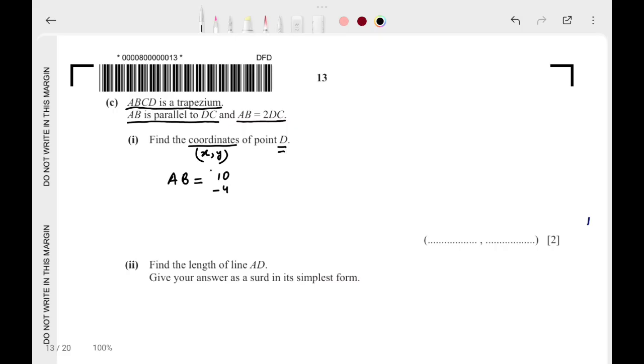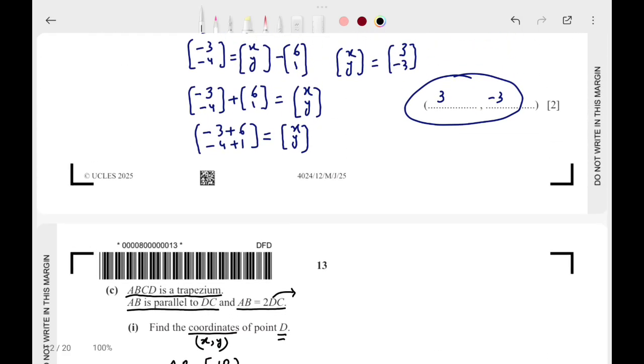We did that in the first part, okay, and here we have to find the coordinates of D, whereas the coordinates of C we have recently calculated, that is (3, -3).